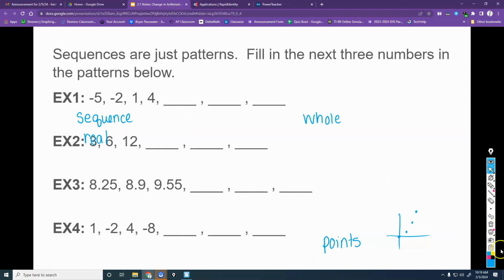There. Okay. You have not seen the phrases arithmetic and geometric sequences yet, but I bet that you can answer these questions.